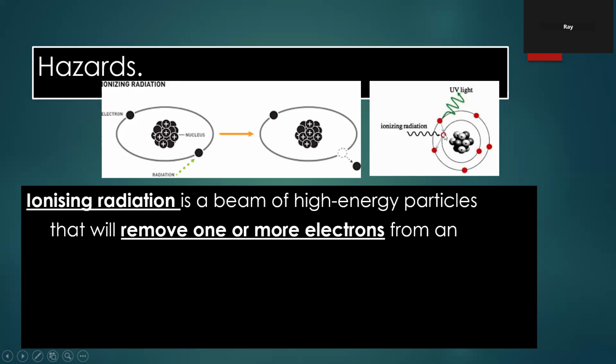Or it can cause promotion of the electron, excitation to a higher orbit. In either case, ultraviolet light is emitted when it de-excites.